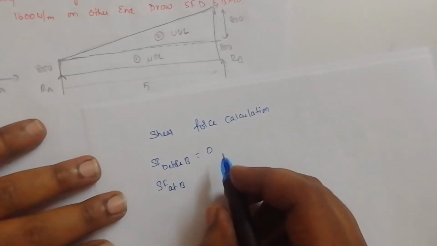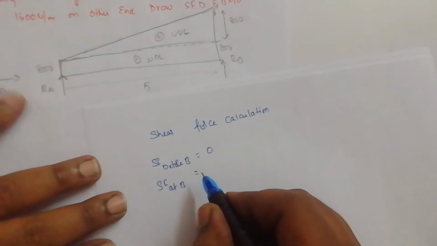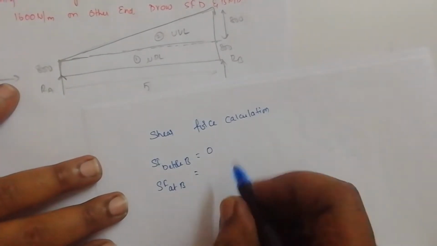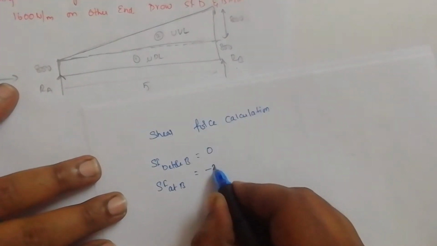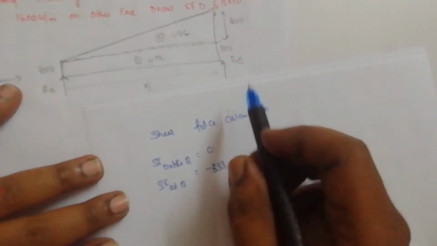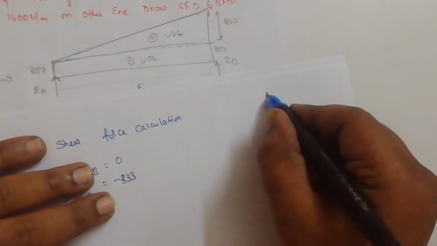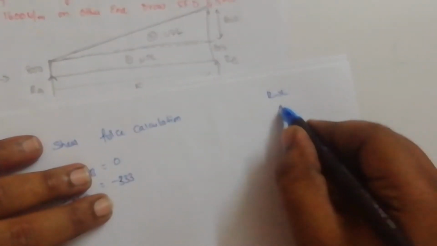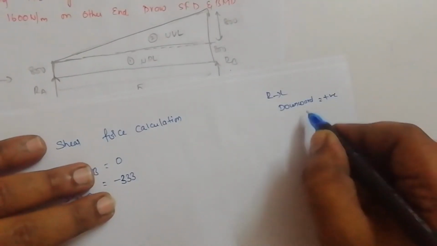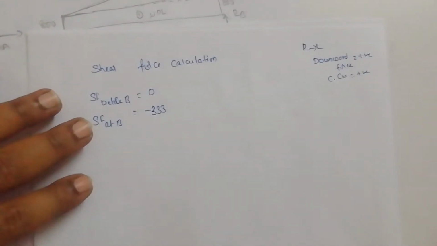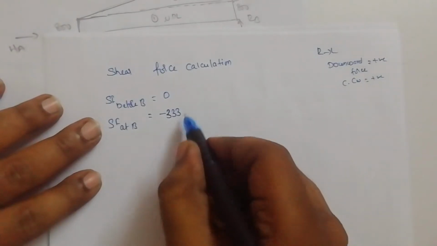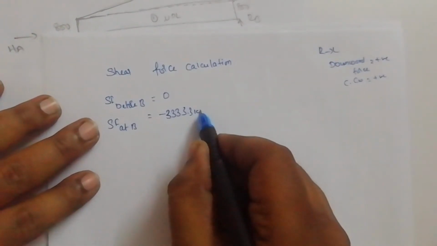Shear force at B is nothing but the reaction load which is acting at point A, but it is in the opposite direction, so we will write minus. According to our sign convention, when we solve from right to left, downward force is positive. Counterclockwise moment is positive, but here the load we get is in the upward direction, so minus 3333.3 kilonewton.